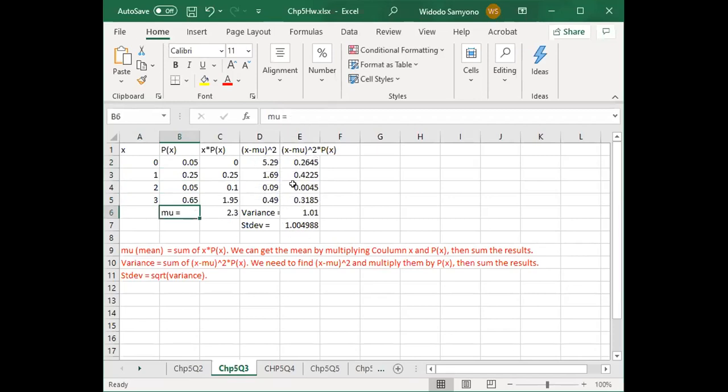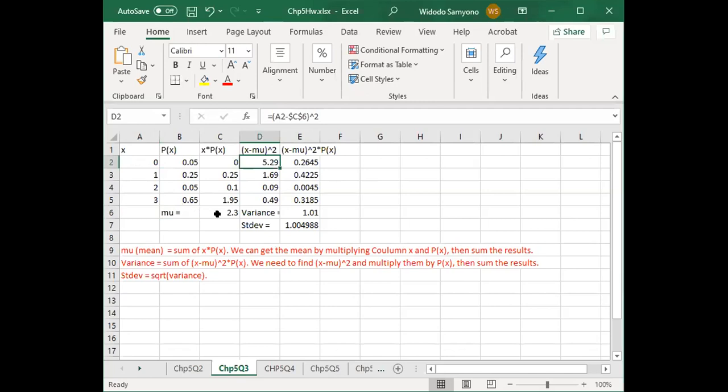Remember the table that I showed you before in the online textbook? First we are looking for the mean, or the mu. The mu is simply x times P(x) added together. You get this one; this is the mu. Then we look for (x minus mu) squared. This is the formula here, I already put the formula there. You can see I subtract A2, which is this one, with the mu.